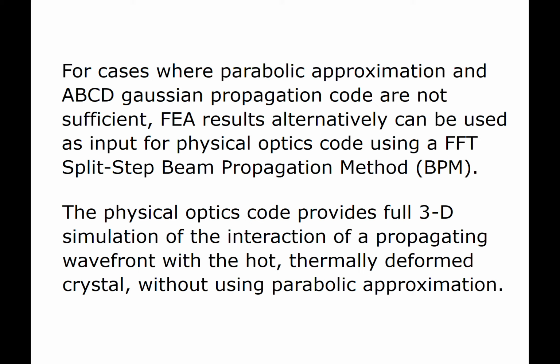For cases where parabolic approximations and ABCD Gaussian propagation codes are not sufficient, the FEA result can alternatively be used as an input for a physical optics code using an FFT split-step beam propagation method. Okay. And the physical optics code provides the full 3D simulations of the interaction of a propagating wavefront with the hot, thermally deformed crystals without using parabolic approximations.